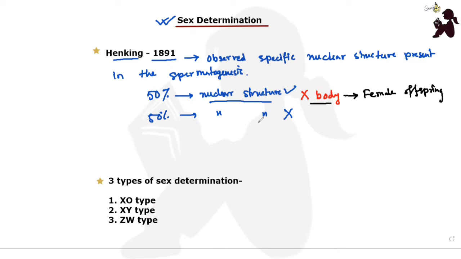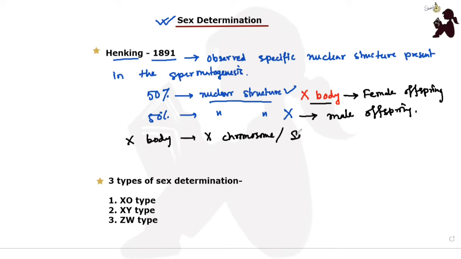The other 50% without the nuclear structure of the X body produced male offspring. Later, he named the X body the X chromosome, or the sex chromosome.